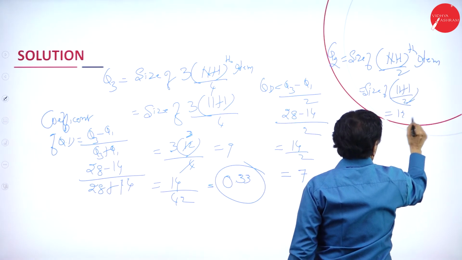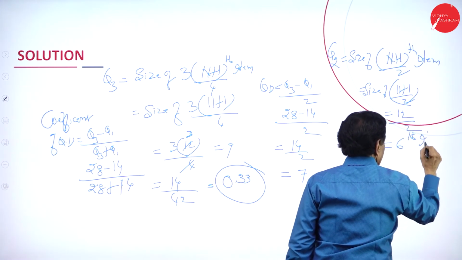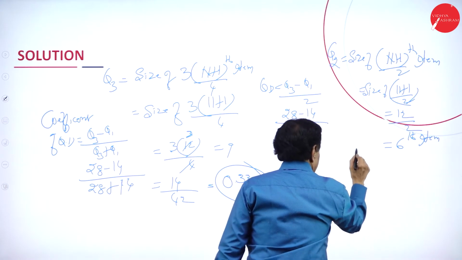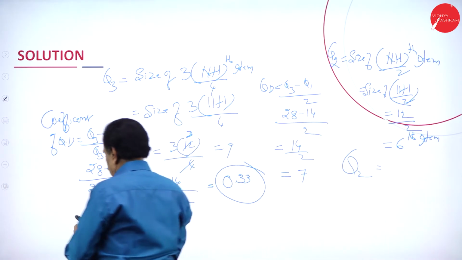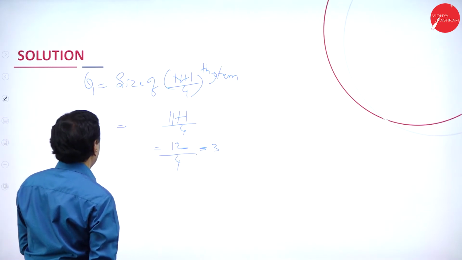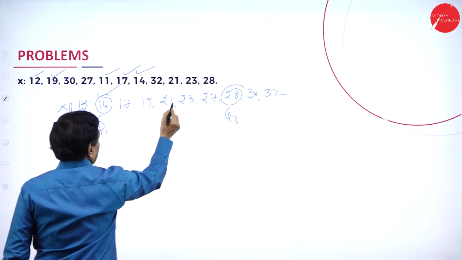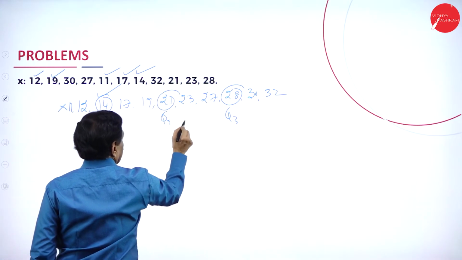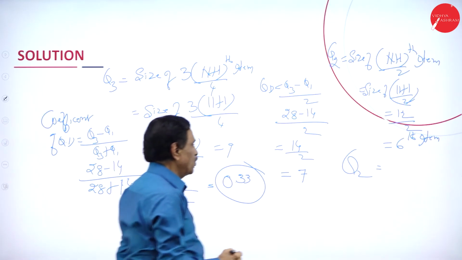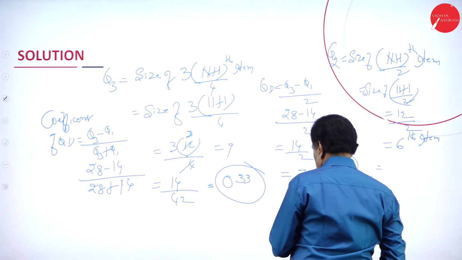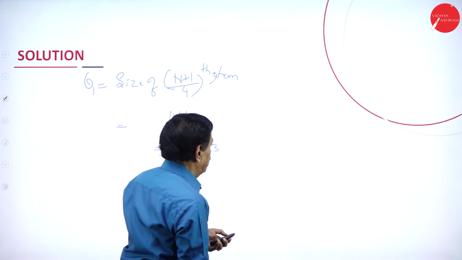This is 12 divided by 2, which is equal to 6. Your Q2 is the 6th item. Which is the 6th item here? 1, 2, 3, 4, 5, 6. So this is your Q2. Q2 is 21.